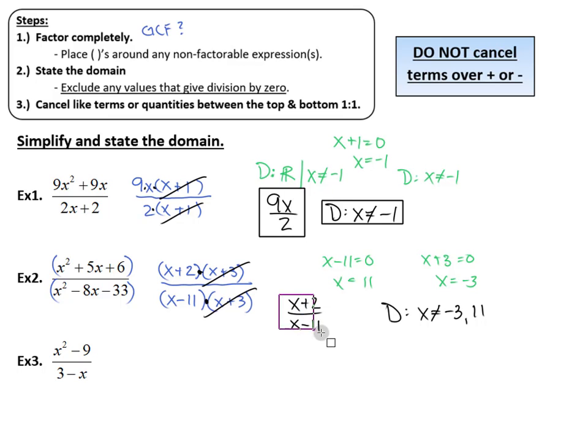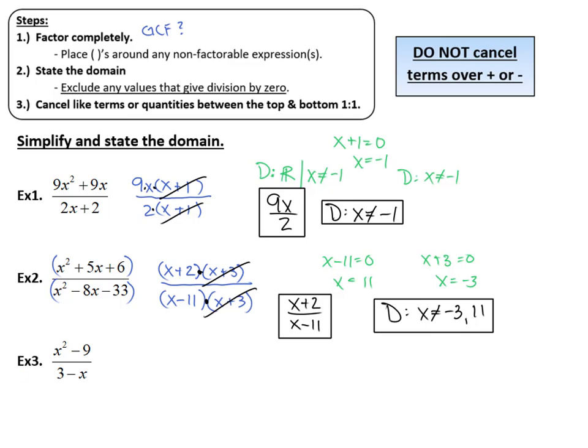Remember, this is not equivalent to the original if we didn't keep the domain of the original. Now, in the simplified version, it looks like x only can't be +11, but again, it is not equivalent to the original if you change the domain. So we have to keep that restricted value.